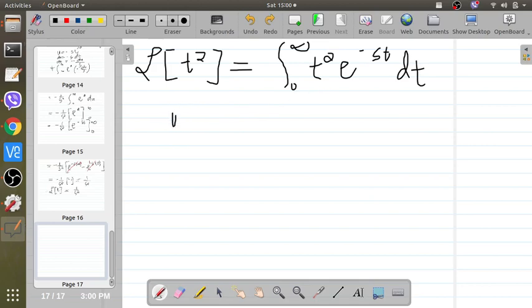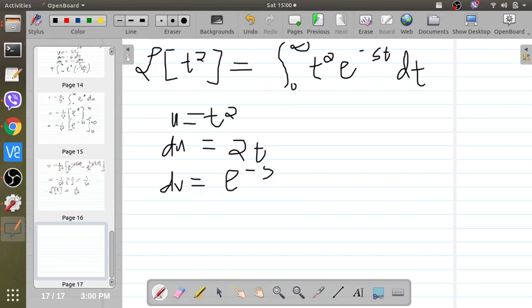Identify first the u. u is t squared, du is 2t. Then dv is e raised to the power of negative st. Then v is negative 1 over s e raised to the power of negative st.